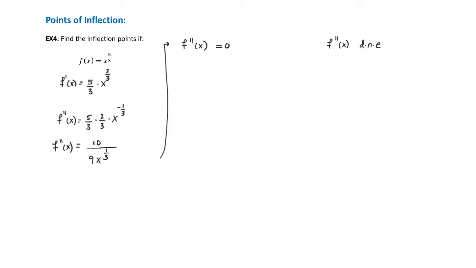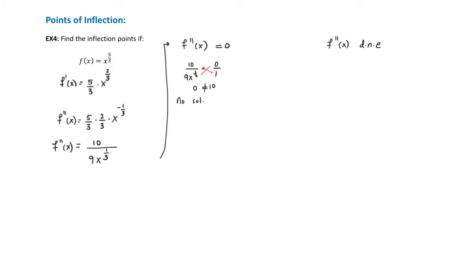Another way that you can do that, if you want to, is to do it algebraically by taking the second derivative, setting it equal to 0, putting it over 1, and then trying to cross multiply. Pretend that you want to solve for x. And when you do that, notice how the variable expression multiplies with 0, and anything times 0 is 0. So you're going to get 0 is equal to 10, which is completely false. So that means over here, no solution. So no possibility of getting an inflection point from setting the second derivative equal to 0.